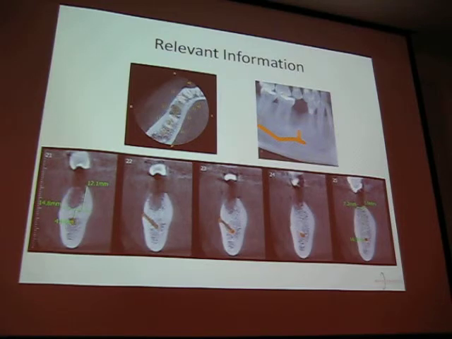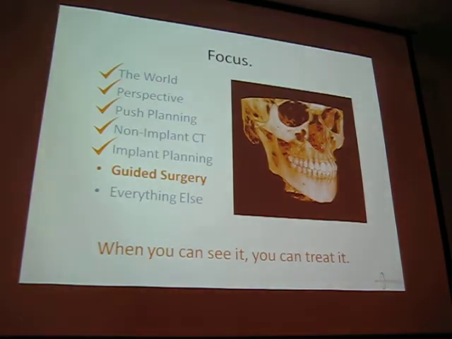But now you're at the correct angle, you've got your relevant measurements. It really, really gets a lot easier. Maybe not surgery, but it sure gets a lot easier knowing what's going on. So that's the implant planning side. We're looking at CTs.